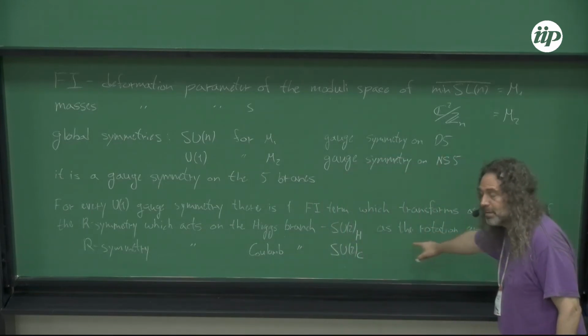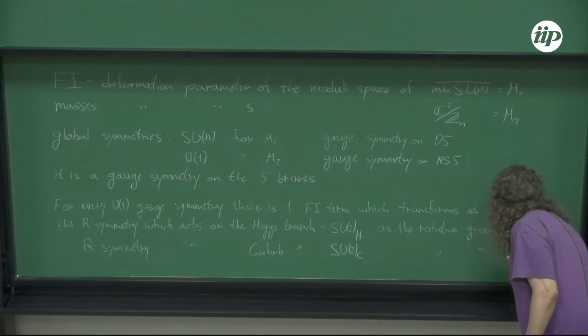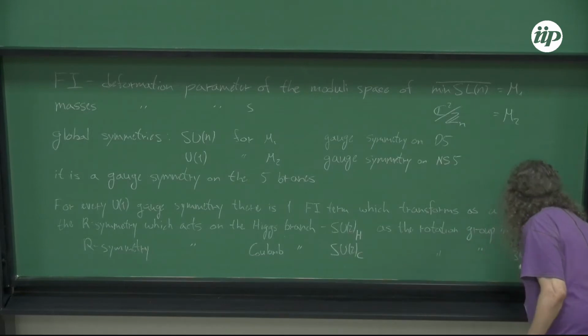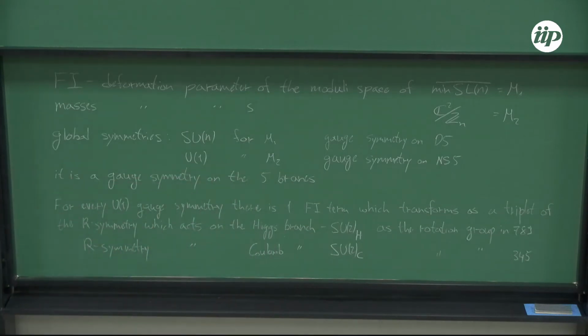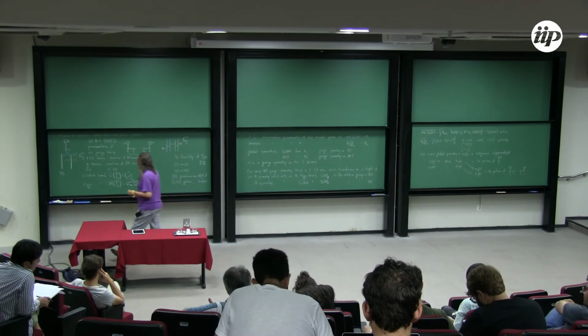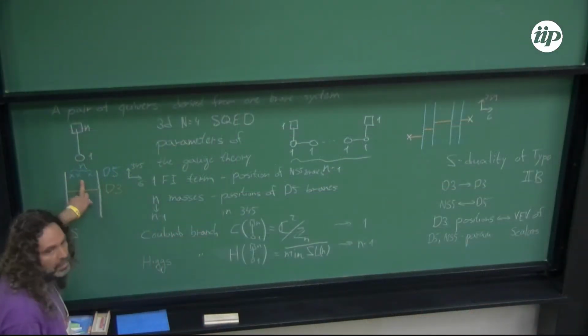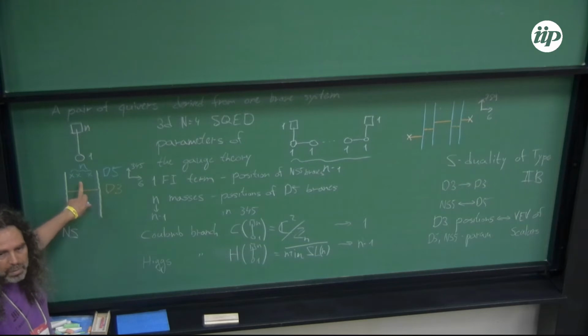What is this SU(2)_C? It's the rotation group in 3, 4, and 5 directions. There is a rotation group in 3, 4, 5, and there is another rotation group in 7, 8, 9. Here, the positions of the Neveu-Schwarz 5 branes are transforming as vectors in 7, 8, 9, and over here, the positions of the 5 brane are transforming as vectors in 3, 4, 5.